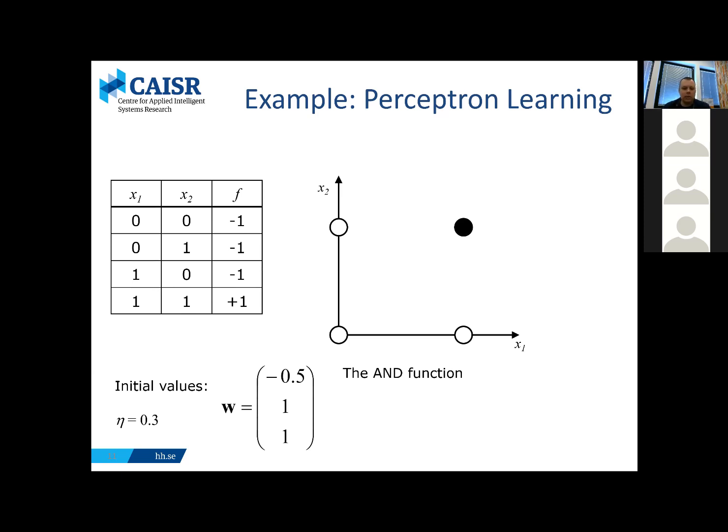We can start with the initial values of w, our initial weights being -0.5, 1, and 1. We could pick them at random or whatever. And we have our learning rate 0.3. So this is enough for us to start actually learning this perceptron.